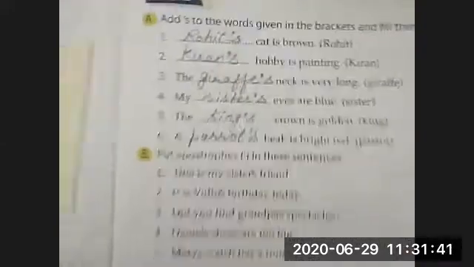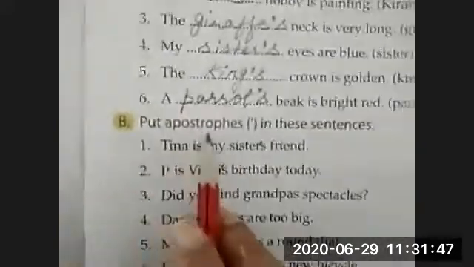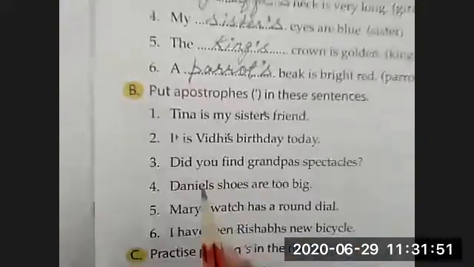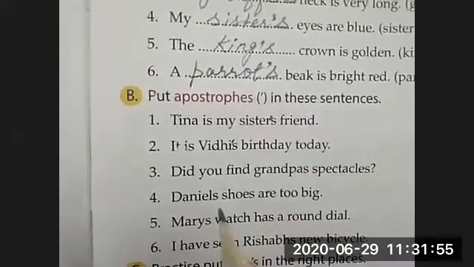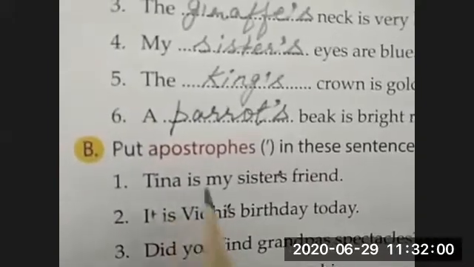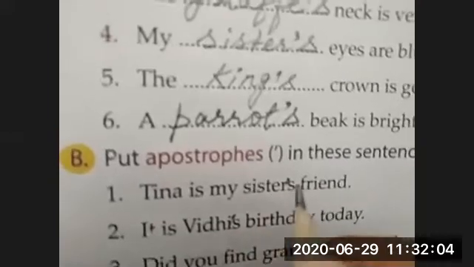Now the next exercise is that we have to put apostrophe in the sentence. These are the sentences in which we have to put apostrophe. In the first question, Tina is my sister's friend. Children, you have to put it here.